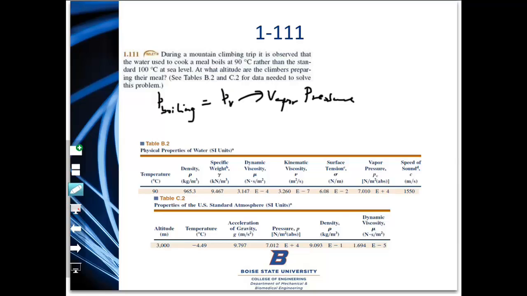So the answer is pretty simple here. The altitude is 3000 meters. And this is the reason why as you go up in altitude, your pressure drops, and also your boiling point drops.